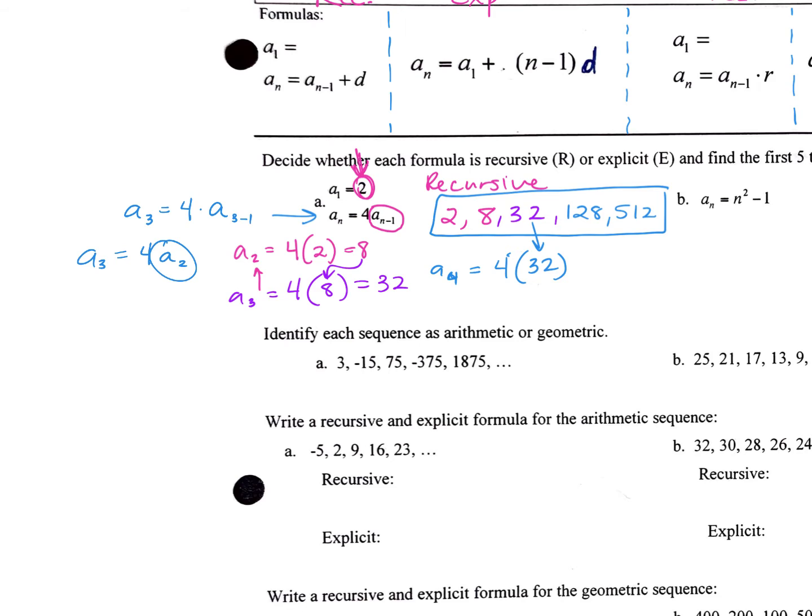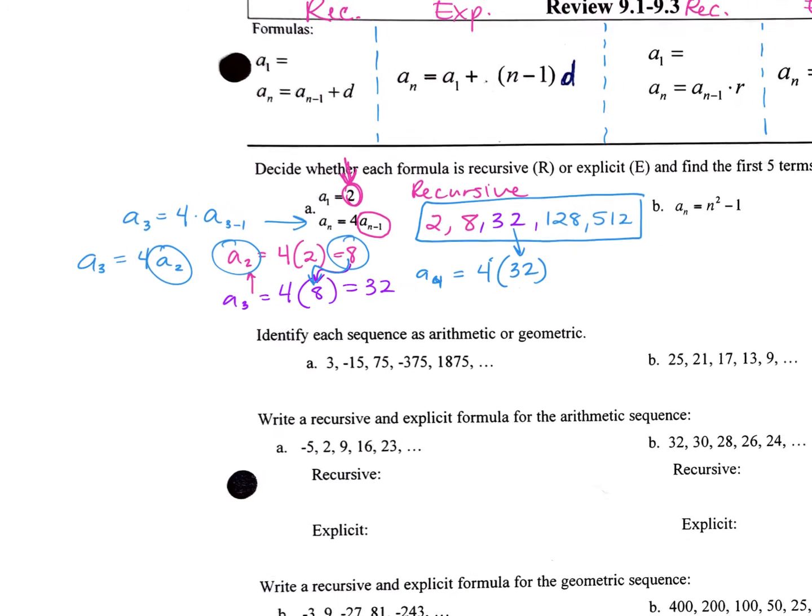That's your second term, right? A sub 2, we said, was 8. So you're just taking the term before it and dropping it in. Recursive is always plug in the number for your variable from the term before it. Not the term number, the term itself. Like what number you got as your answer is going to get plugged in for your A sub n minus 1.